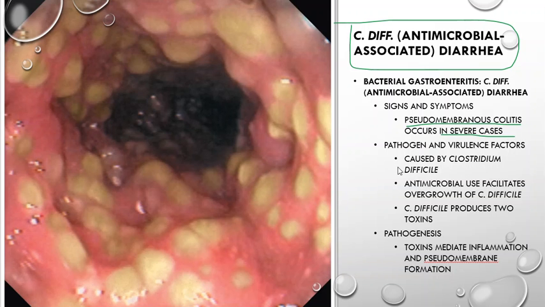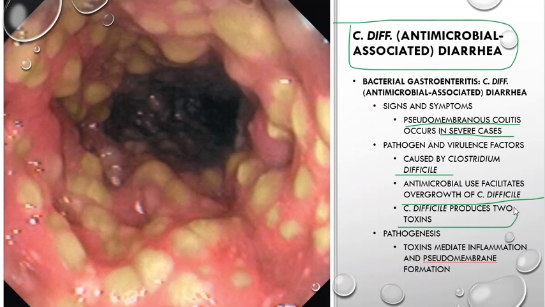Severe cases, Clostridium difficile. It's caused by overgrowth. These guys produce 2 different toxins that cause inflammation and this pseudomembrane. We treat this guy with metronidazole, Flagyl. If that doesn't work, we try vancomycin.